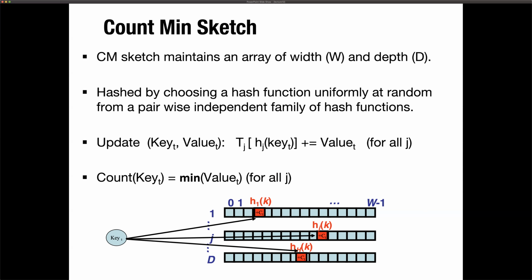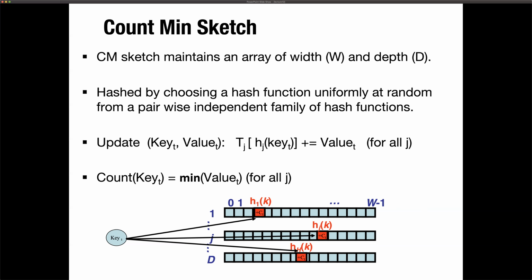D different arrays. For each of those D arrays, you will apply a hash function. So for the first array, you apply h1 on the key, and that will tell you some index of that array, and for that index you will update the value. What is incoming is a key-value pair, so for that key you apply h1, h2, h3, all the way till hd.